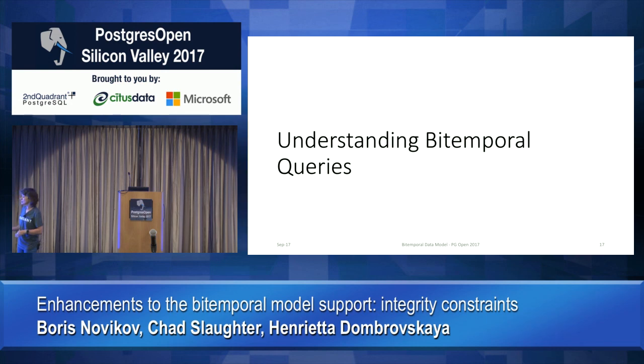So in order to understand a little bit more what the issue is with this, let's look at the bitemporal queries and what happens with the time regions when we query and we do updates, etc.